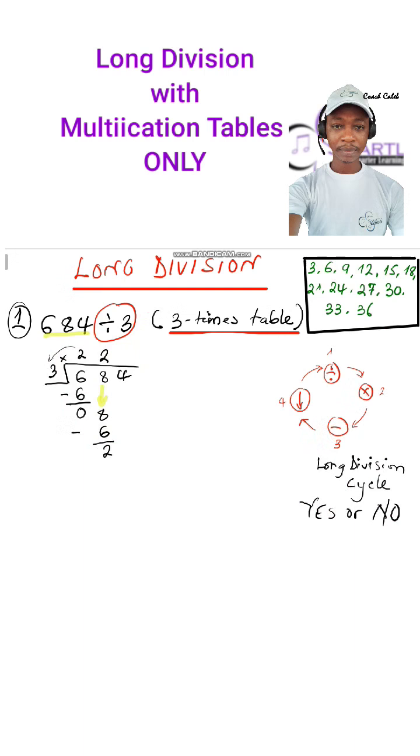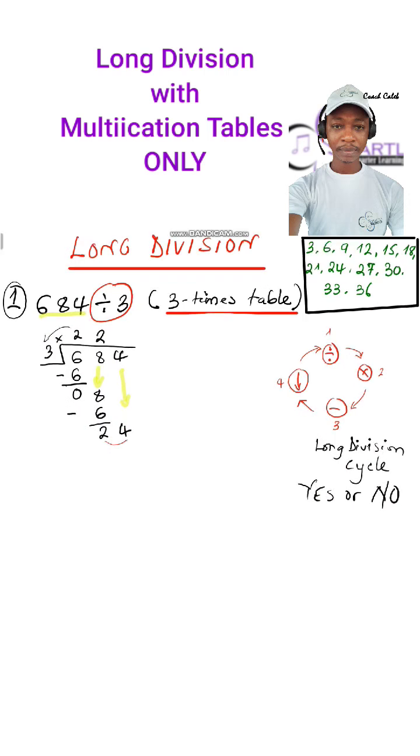And the next step, bringing down 4. So these 2 digits now combine to give us 24. 24 divided by 3. First we ask yes or no. Is 24 a multiple of 3? Yes, we can see 24 right there.